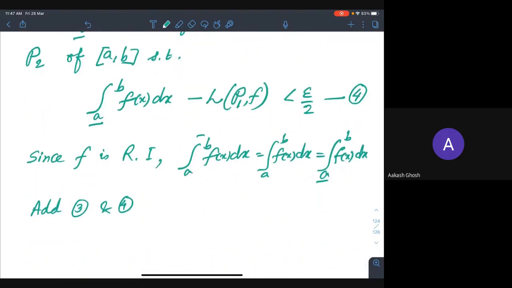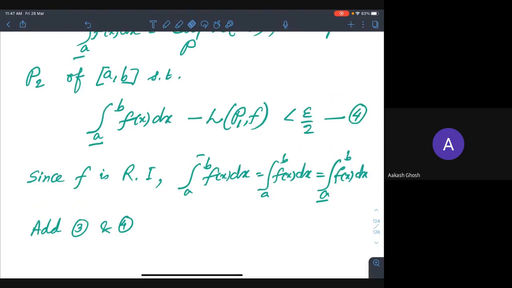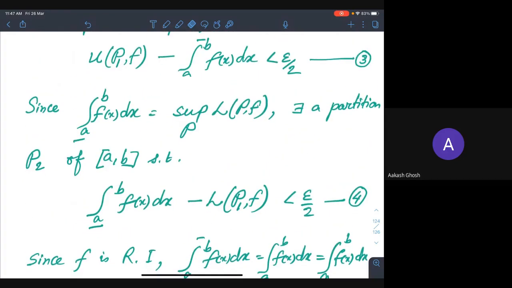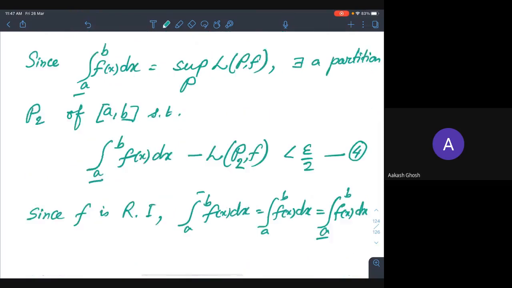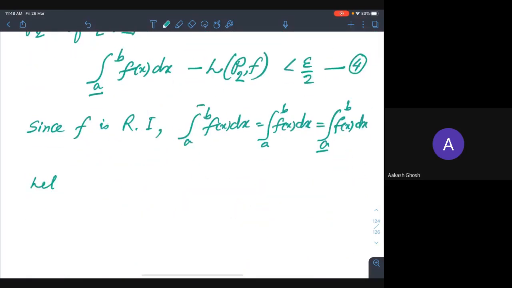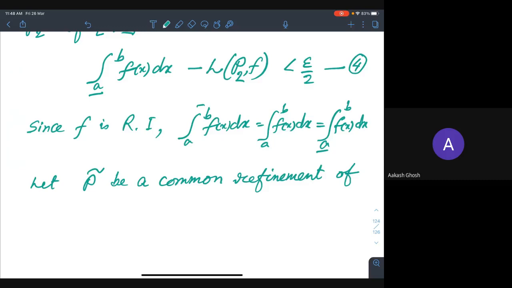So what we get is, well, there is one more step before adding. Here we get P2, so this is with respect to P2, not with respect to P1. So let P tilde be a common refinement of P1 and P2.